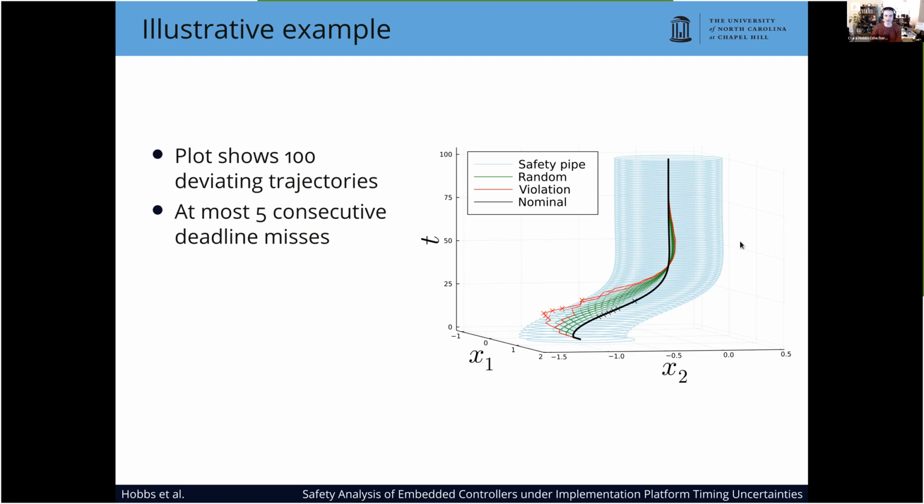Additionally, on this plot, there are 100 deviating trajectories resulting from deadline misses, where here we have a constraint that there can be at most 5 deadline misses consecutively. As you can see, the vast majority of these are shown in green, meaning that they don't leave the safety pipe, but 2 can be seen to leave the safety pipe at some time and cause a safety violation.